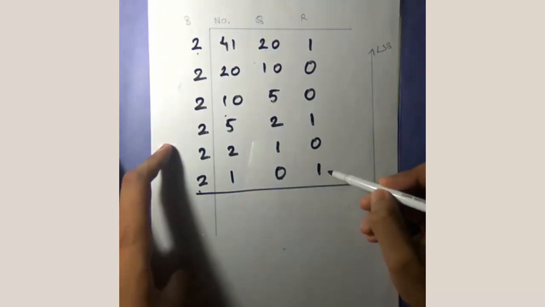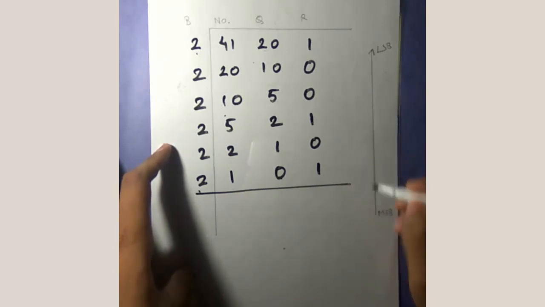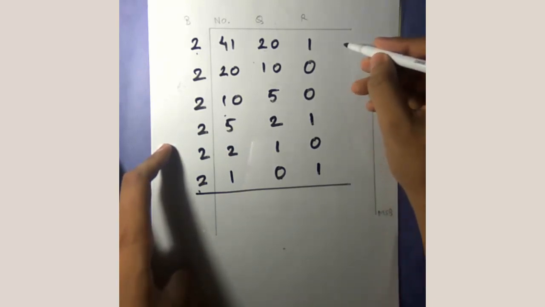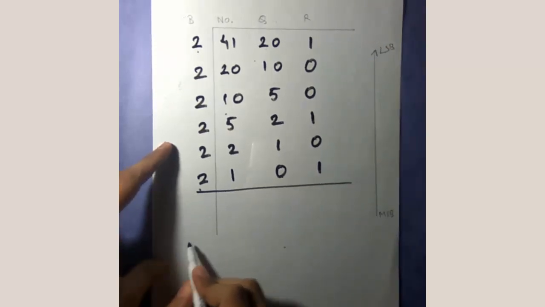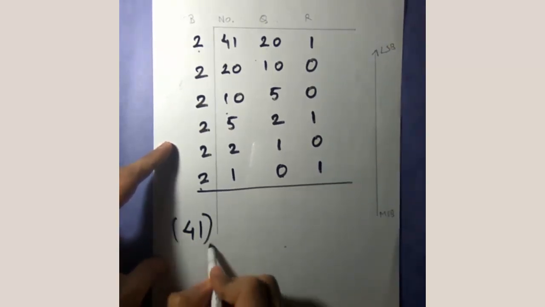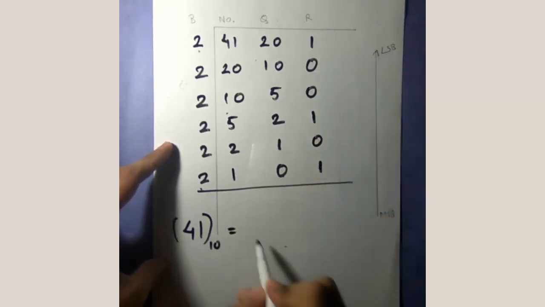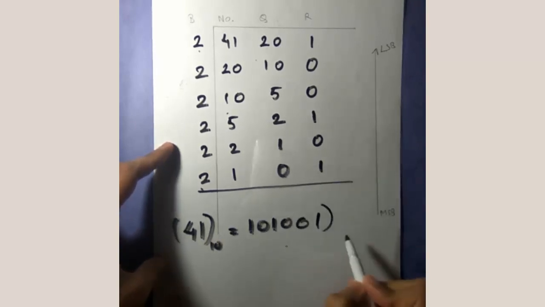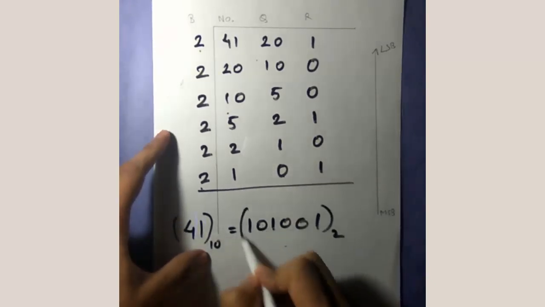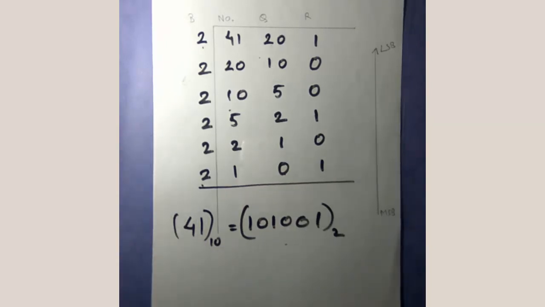So this number is considered as MSB and the first number is considered as LSB. So while writing down binary equivalent of 41, we must write it as 101001 in binary. Let us check this answer of ours.